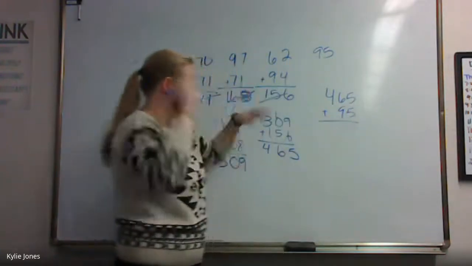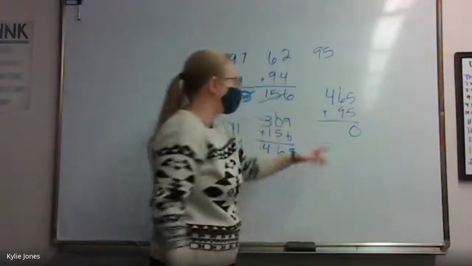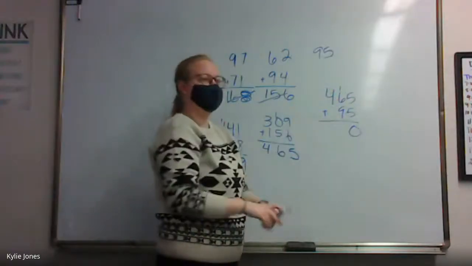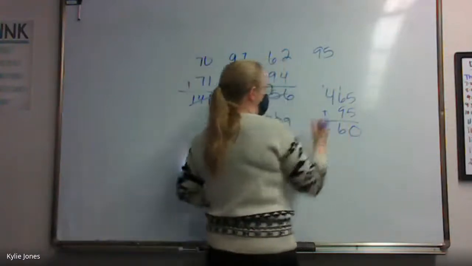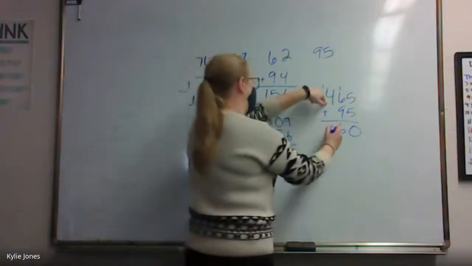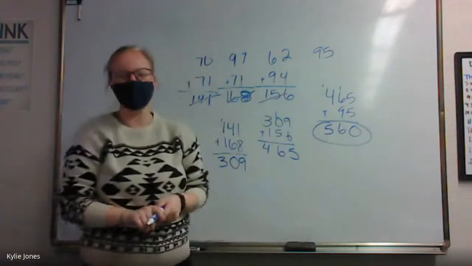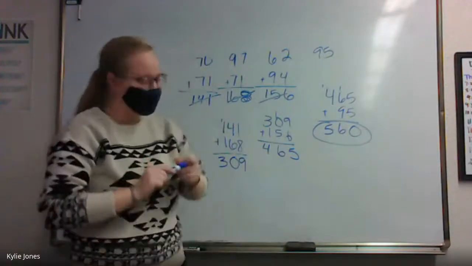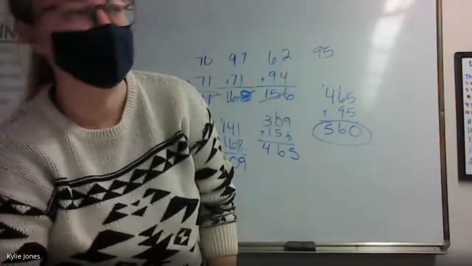What's 5 plus 5? 10. 1 plus 6 plus 9. 16, carry your 1. And then we've got 1 plus 4. 5. So, when you add them all together, what do we get? 560. Awesome.